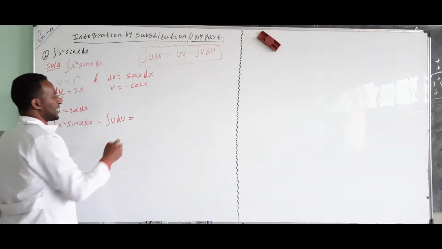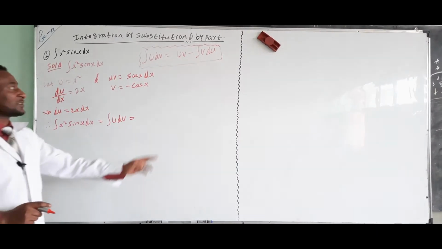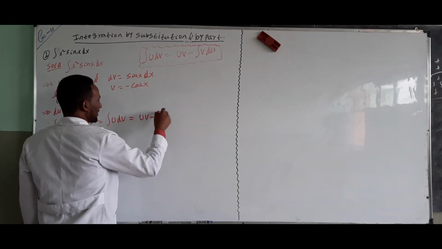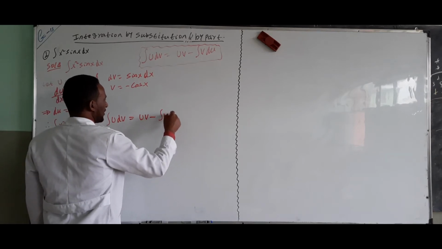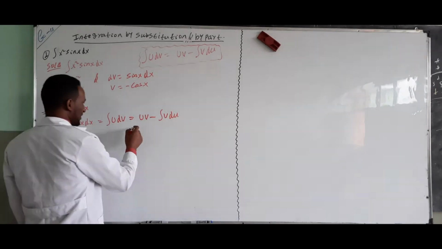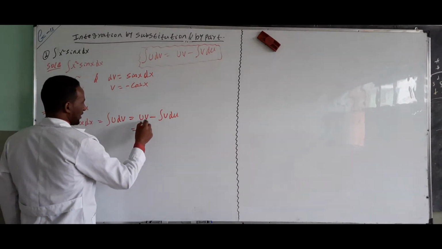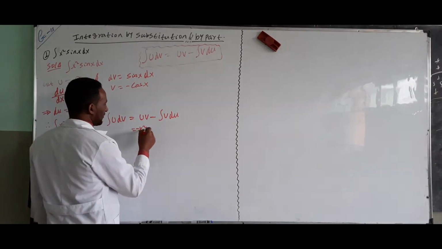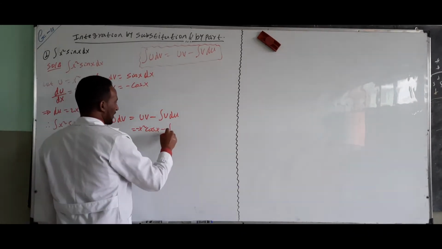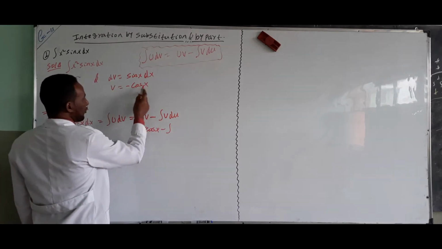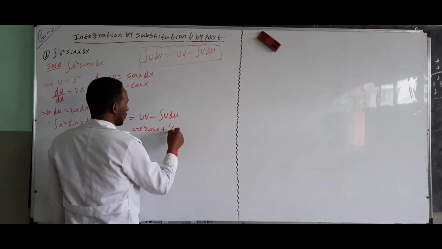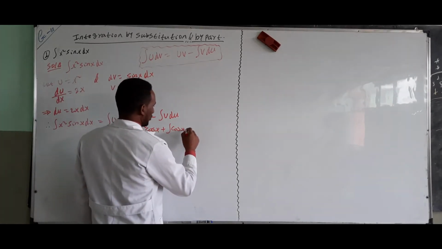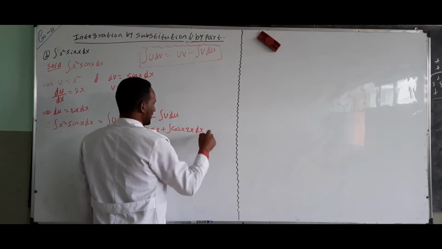Then by the integration by parts formula, we get uv minus integration of v du, which is equal to u means x square, v means negative cos x, therefore it becomes negative x square cos x minus integration of v, negative cos x, du, 2x dx.